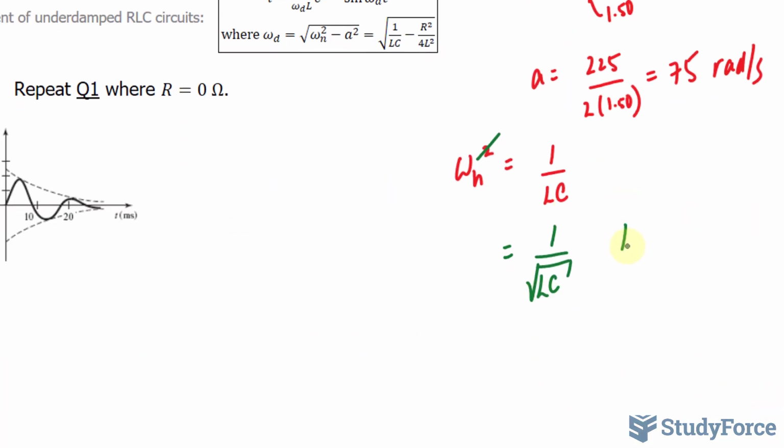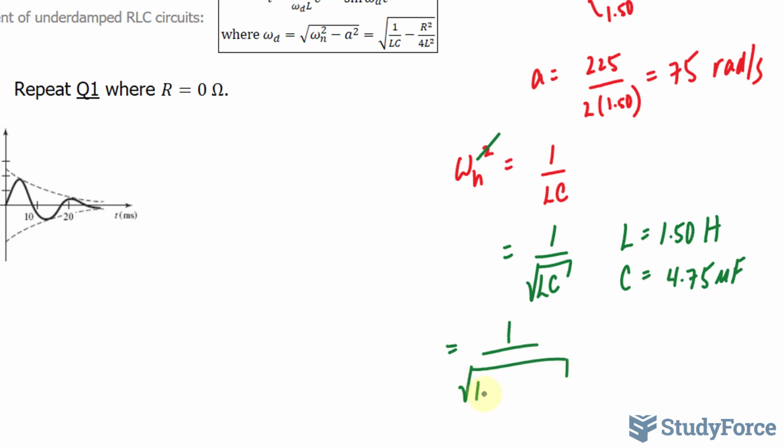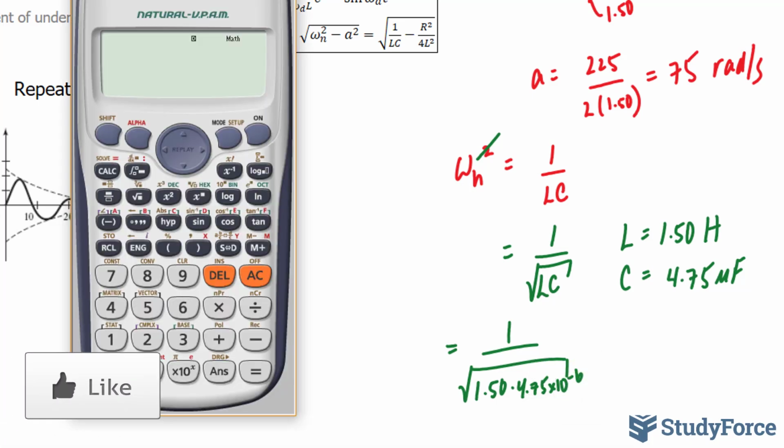So I'll replace L with 1.50 henries, and our capacitance was 4.75 microfarad. We need to convert this into farads before we can substitute it into here. So I have 1 over the square root of 1.50 times 4.75 times 10 to the power of negative 6. That's the correct conversion in farads.